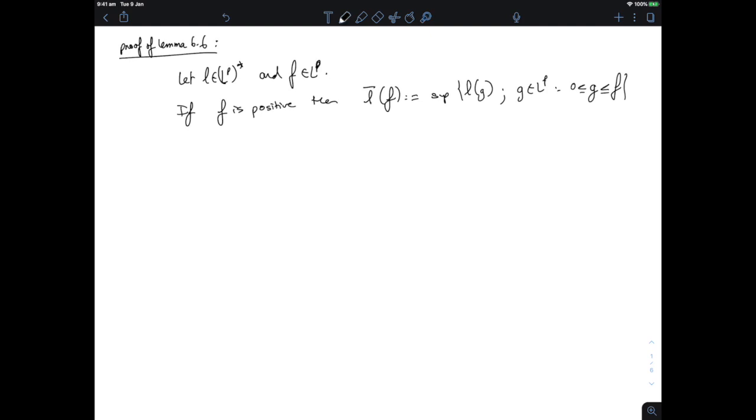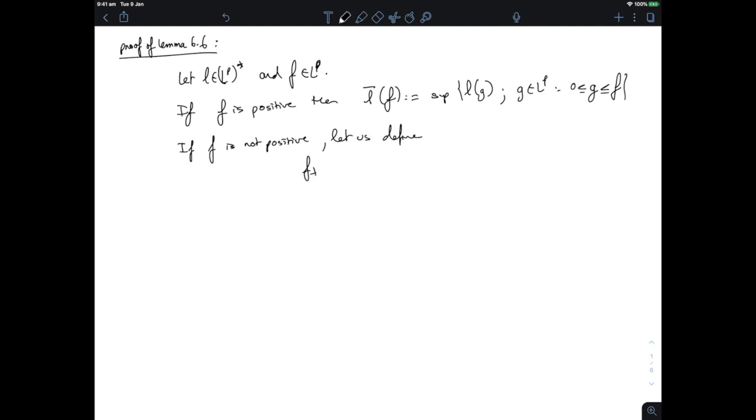All right, so I'm defining an element in that way, and if f is not positive, or in general, let us define its positive and negative part.